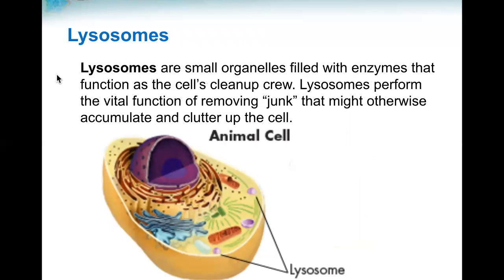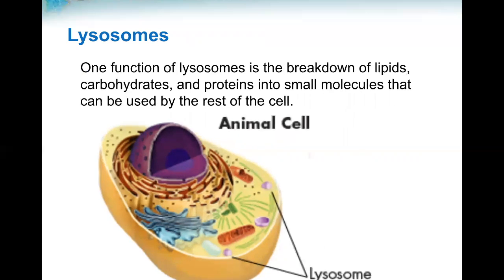Lysosomes are small organelles filled with enzymes that function as the cell's cleanup crew. Lysosomes perform the vital function of removing junk that might otherwise accumulate and clutter up the cell. One function of lysosomes is the breakdown of lipids, carbohydrates, and proteins into small molecules that can be used by the rest of the cell.